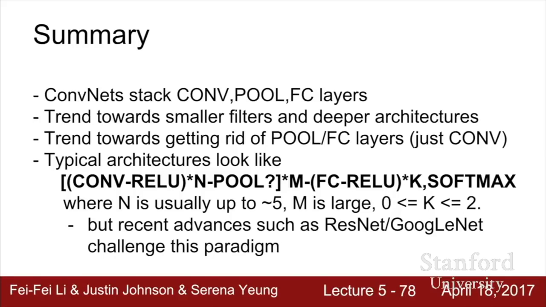Some typical values, you might have n up to 5 of these. You're going to have pretty deep layers of conv, ReLU, pool sequences, and then usually just a couple of fully connected layers at the end. But we'll also go into some newer architectures like ResNet and GoogleNet, which challenge this and give pretty different types of architectures.